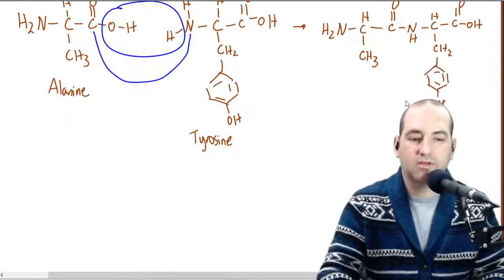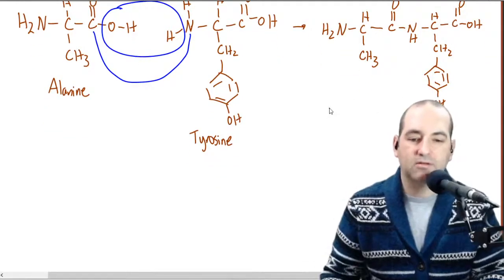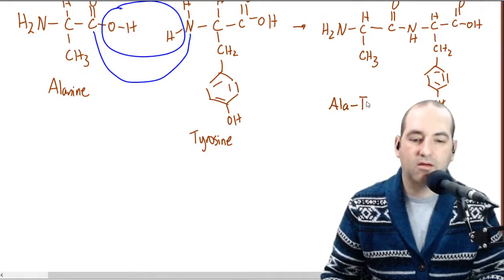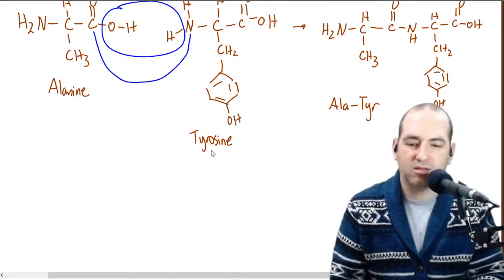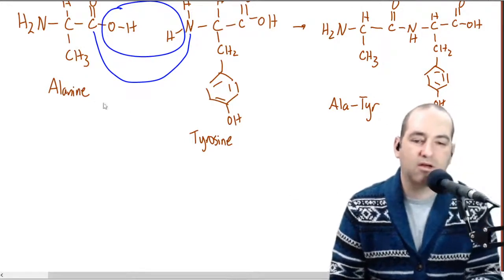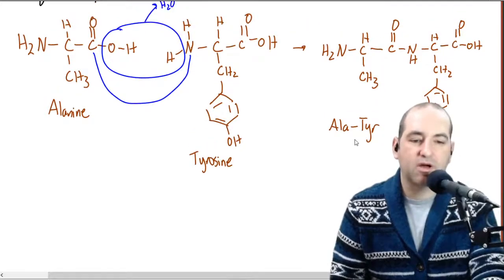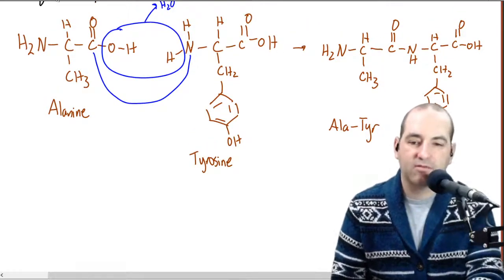All right, so something like this. And we might call this alanyl tyrosine, I think is how you would describe that. So this would be what we call a dipeptide made of two amino acids.